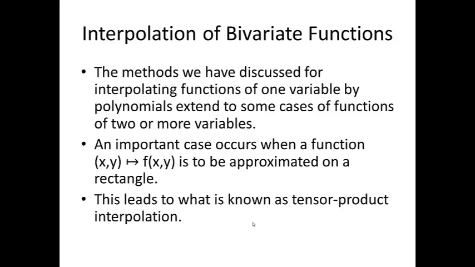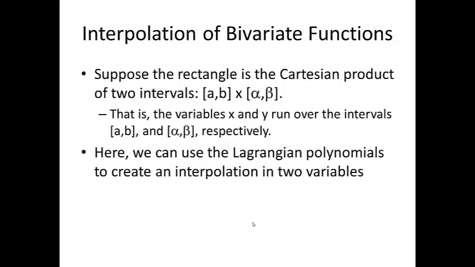This is known as tensor product interpolation. Suppose the rectangle is the Cartesian product of two intervals, [a, b] times [alpha, beta]. That is, the variables x and y run over the intervals [a, b] and [alpha, beta] respectively. We can use the Lagrange polynomials to create an interpolation of two variables. If you want to do that, the formulae are found on pages 172 and 173 of the book.